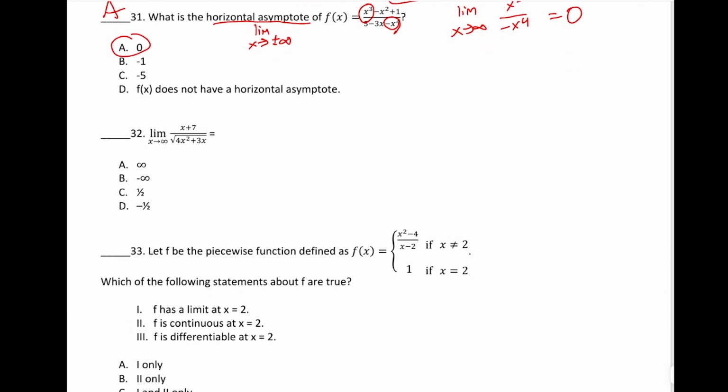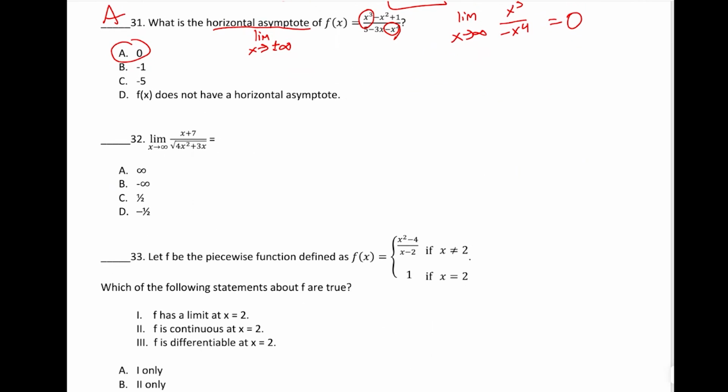Number 32. Now, be careful on number 32. We want to approach it kind of the same way we did 31, but when you have that square root of a square, we want to take great care in rewriting this. So I'm just going to look at my biggest terms on either side. I've got x over, and I've got this square root of 4x squared. Now, be careful. You're going to be tempted to write 2x.